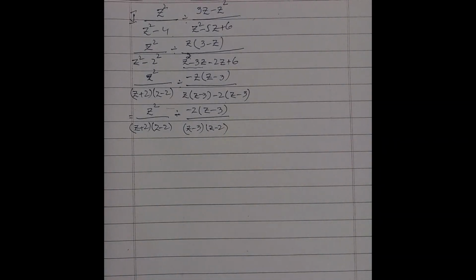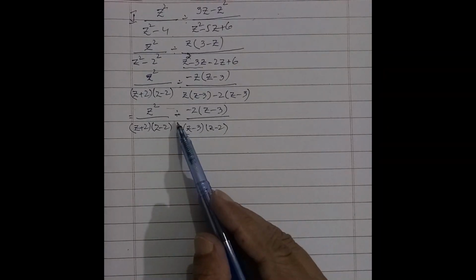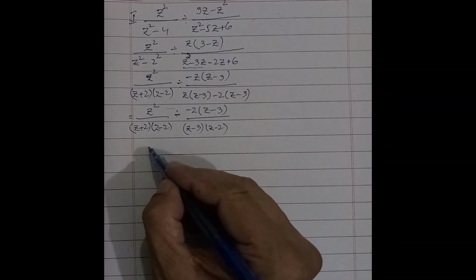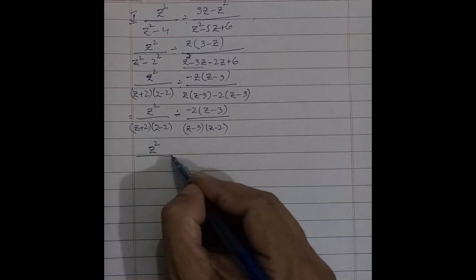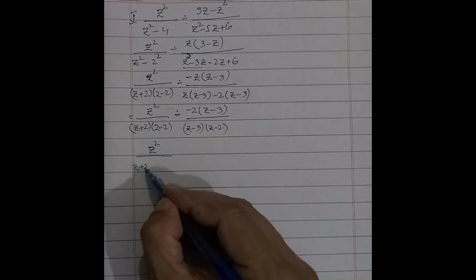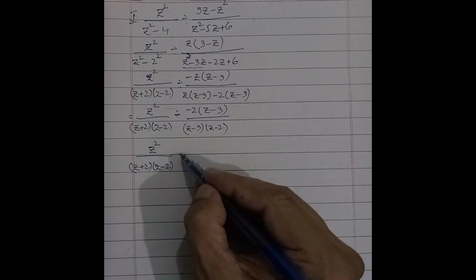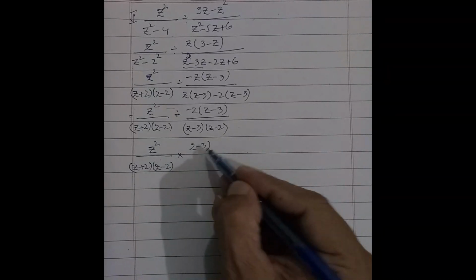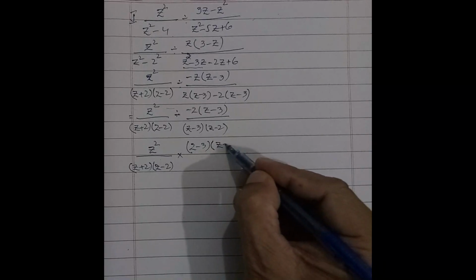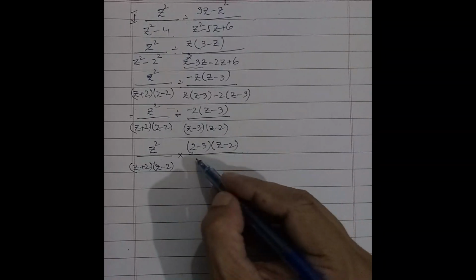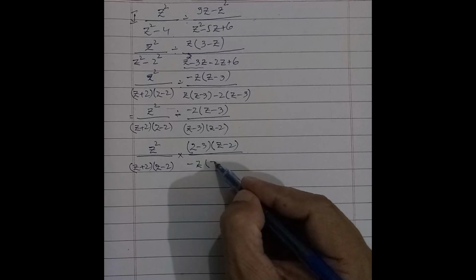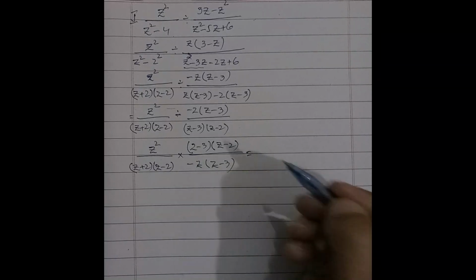Now factorize is complete and we converted division into multiplication. The answer is z square over z plus 2, z minus 2 multiply by z minus 3, z minus 2 over minus z, z minus 3.